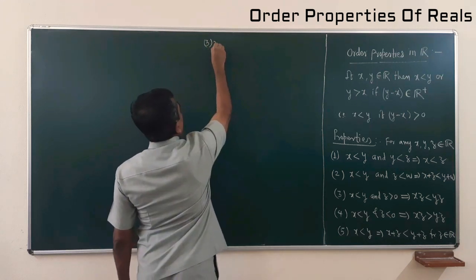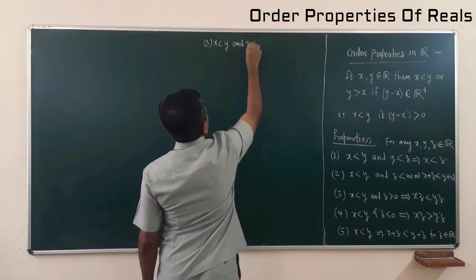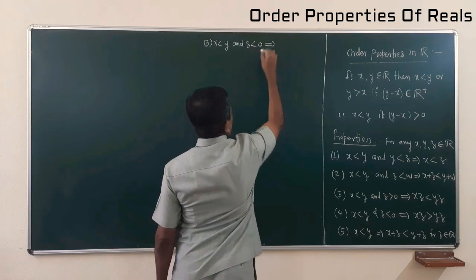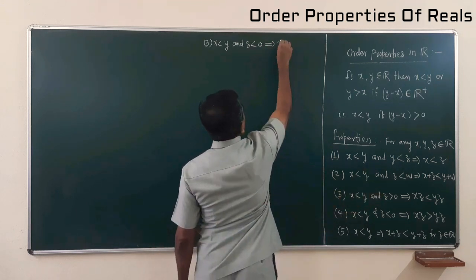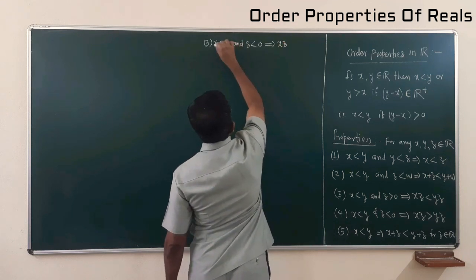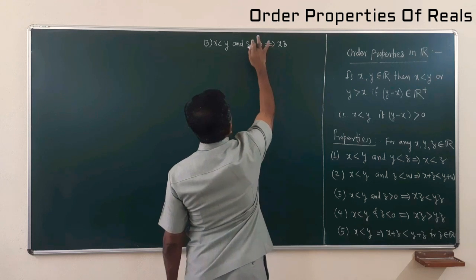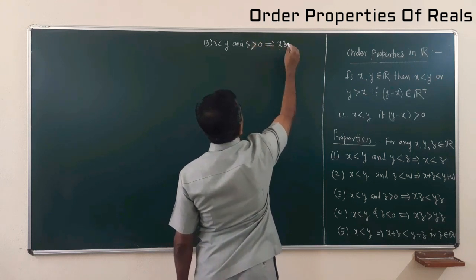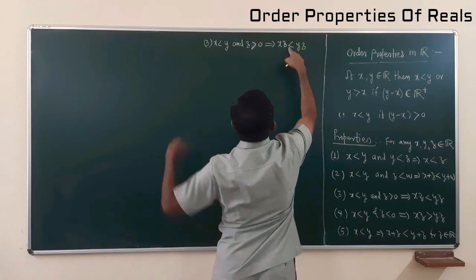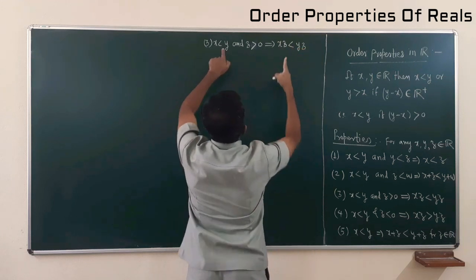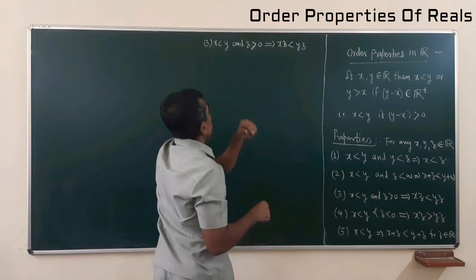So I want to prove that if x is less than y, and I multiply both sides by z, taking z first as positive, z greater than 0, then xz is less than yz. The inequality remains the same if you multiply by a positive real number.